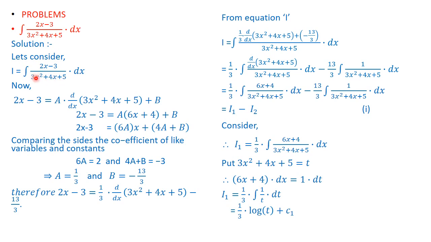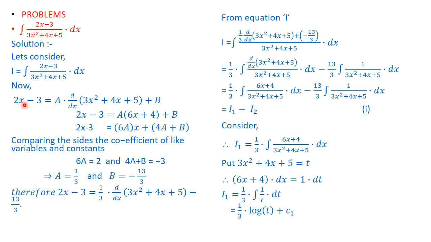Here it is not factorable, and even if it is factorable, it may not have a factor which is in the numerator, so it doesn't work here. So we have to see the next option, that is the method which we have seen just now, for this type of integral.